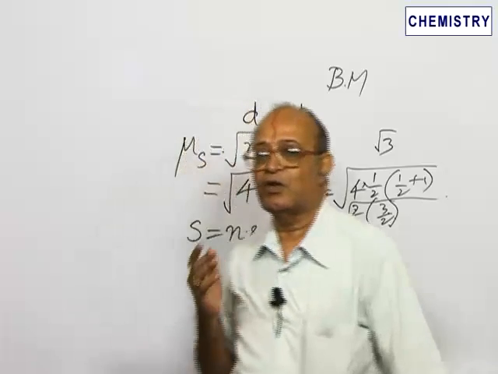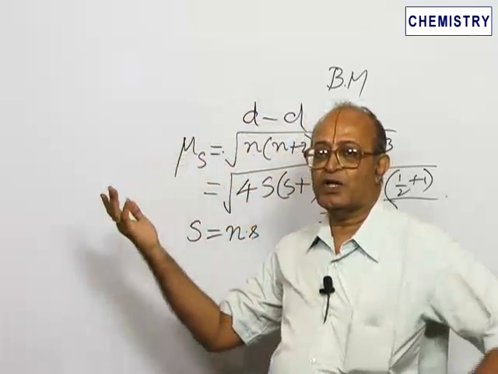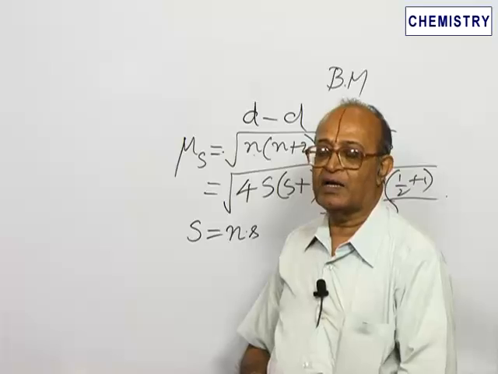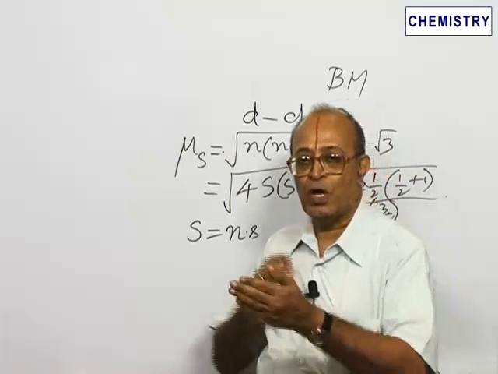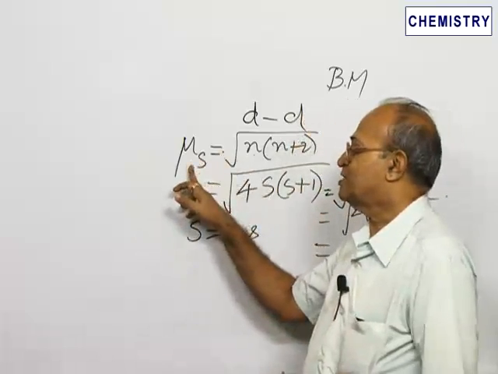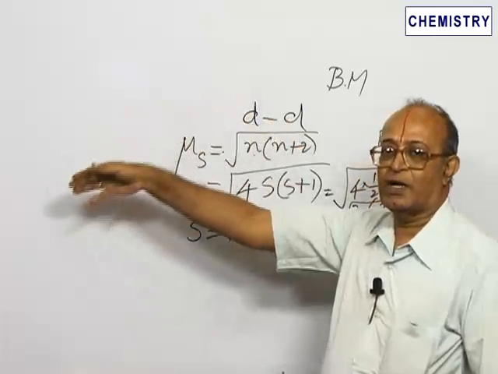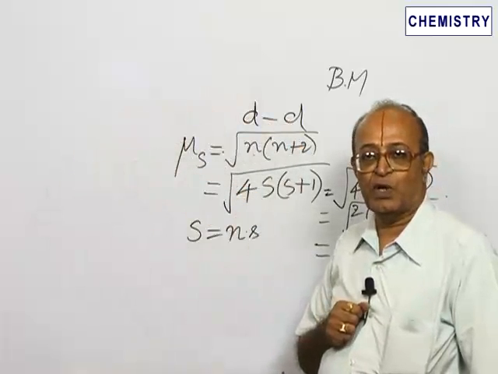Then only you can find out the number of unpaired electrons from which you can calculate the spin only magnetic moment. So in both ways problems will be asked. If mu s is given, find small n, or if small n is given, you can calculate the spin only magnetic moment.